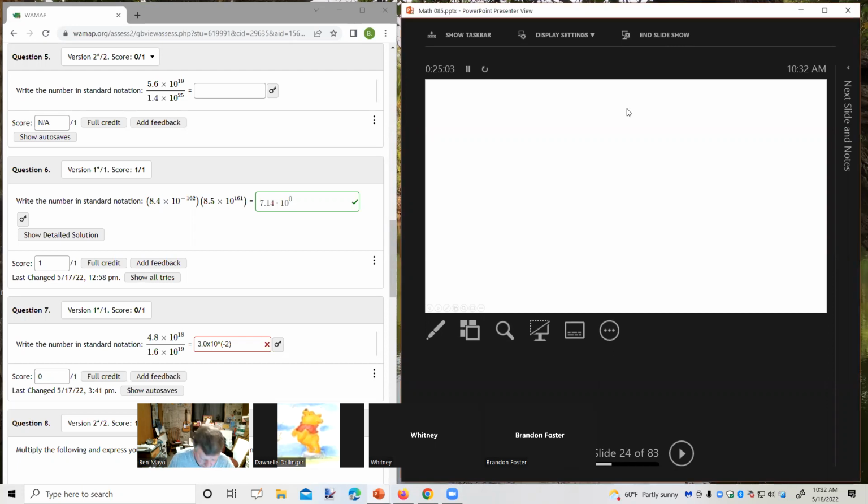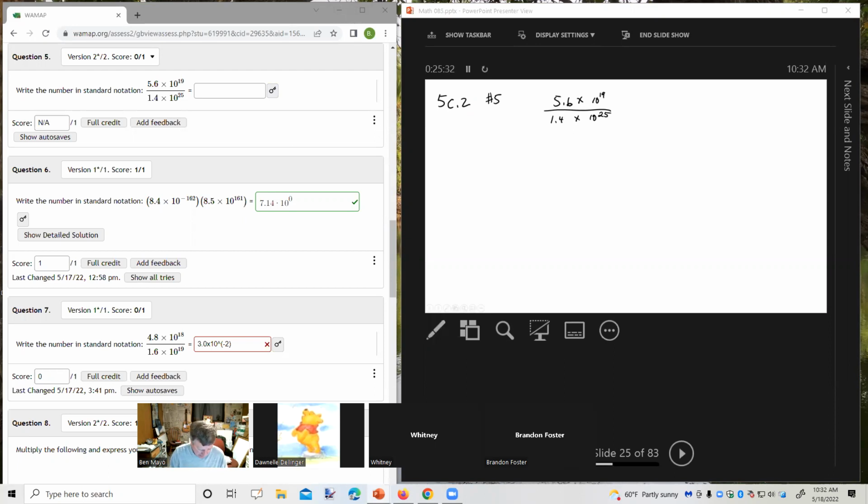This is from 5C.2, number 5, which you should see on the left side of your screen from WAMAP. Write the number in standard notation: 5.6 times 10 to the 19th power divided by 1.4 times 10 to the 25th power.